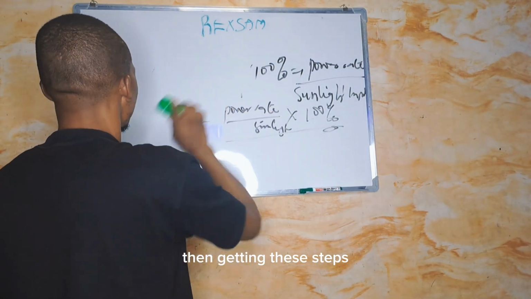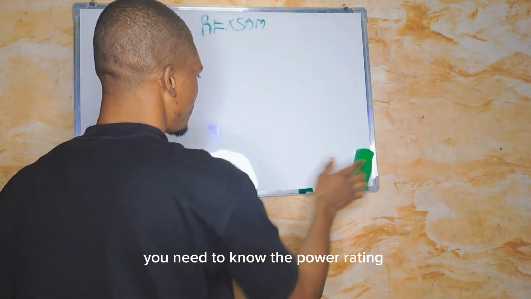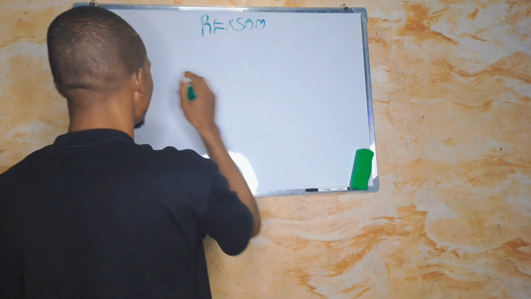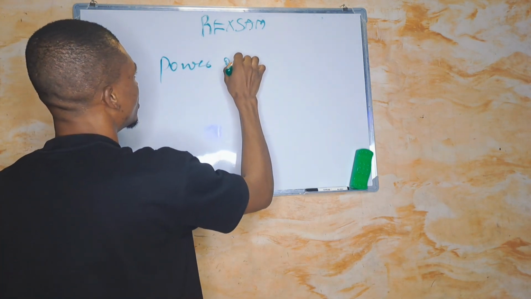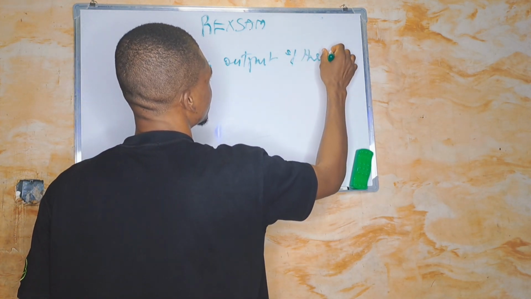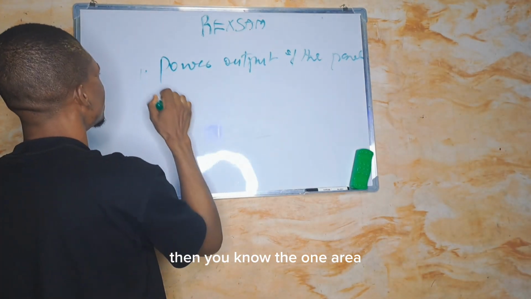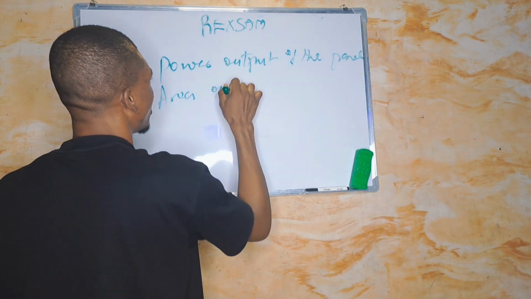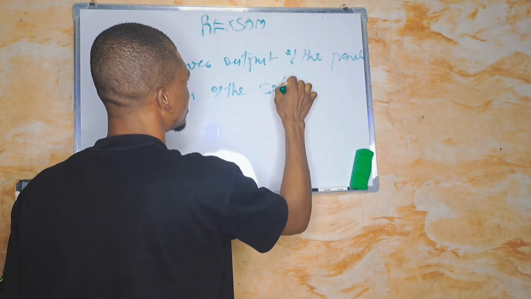Getting these steps, one of the steps you need to know is the power output of the solar panel. Then you know the area of the solar panel.